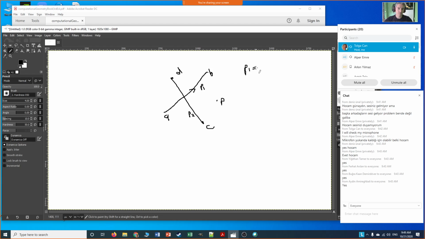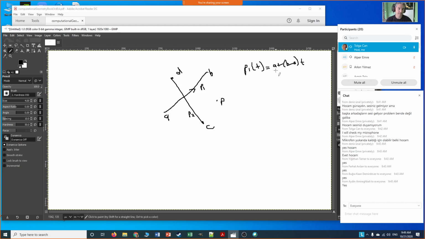We have seen how to form this equation easily. P1 we parameterize with T. This is the parametric line equation. It's simply A plus (B minus A) T. So this simple equation is the line equation for line 1 from A to B.